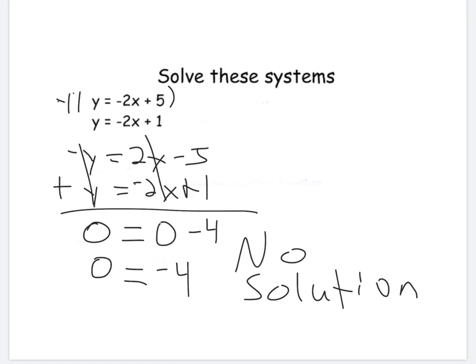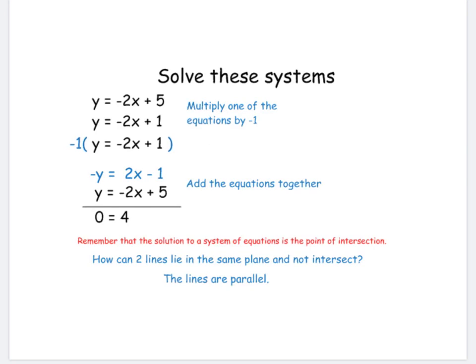So what does no solution actually mean for a system of equations? This is the exact work that we just did. However, in this work, I made the bottom equation the one that was opposite. But still, we got a false statement at the bottom, which means no solution. Remember that a solution to a system is the point where the two lines or two equations intersect each other.